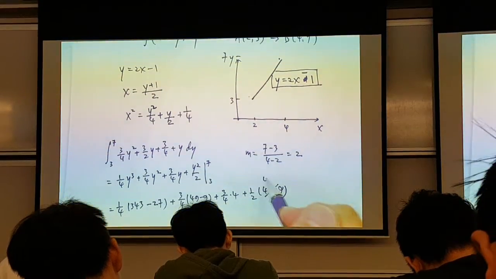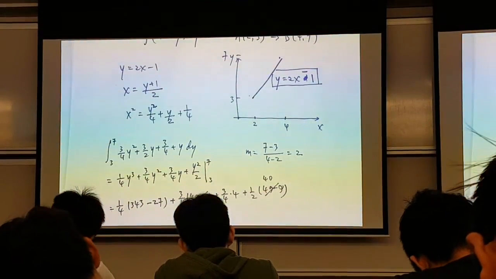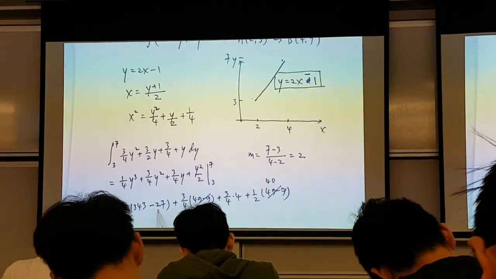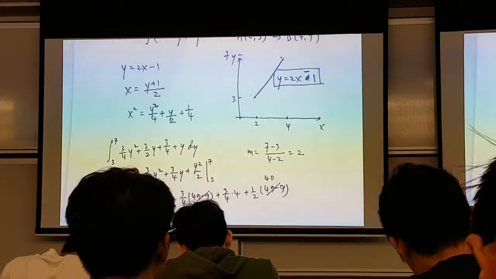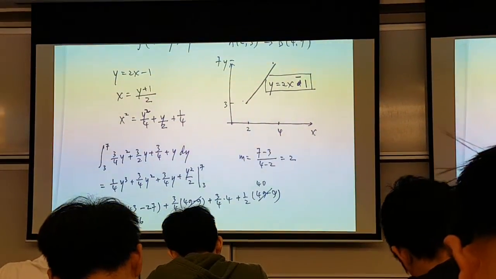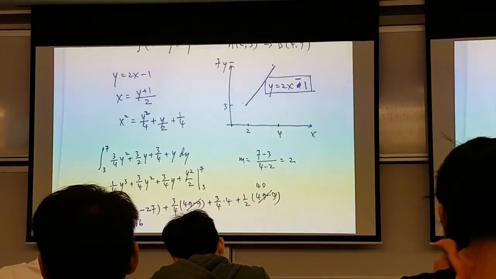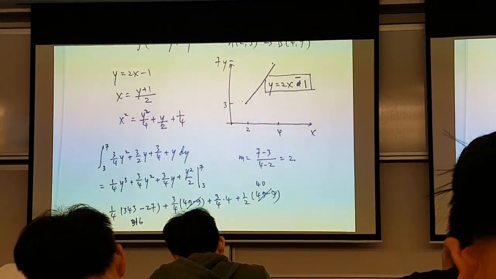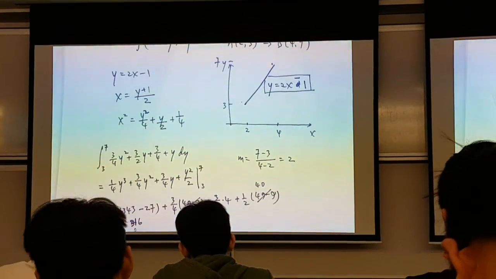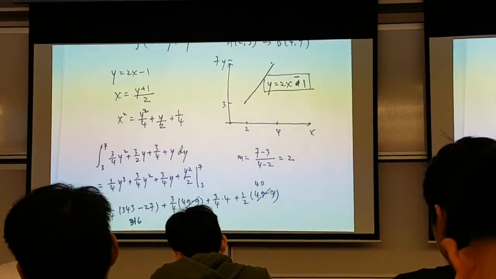Okay, so this is 40, this is 40, and this one is going to be 343 minus 27, which is 316. So 316 divided by 4, which is 79.